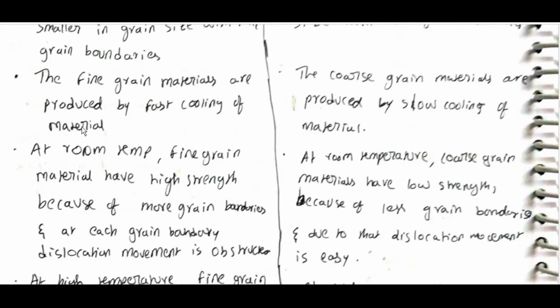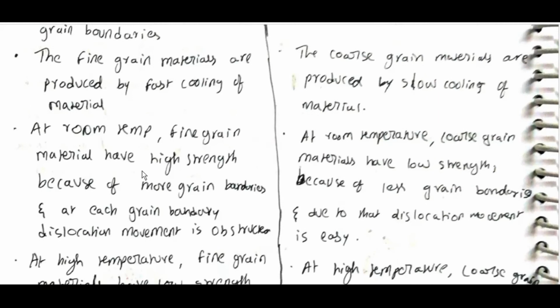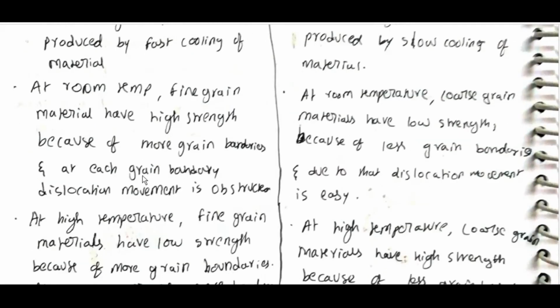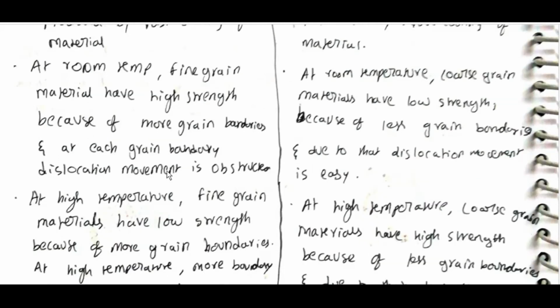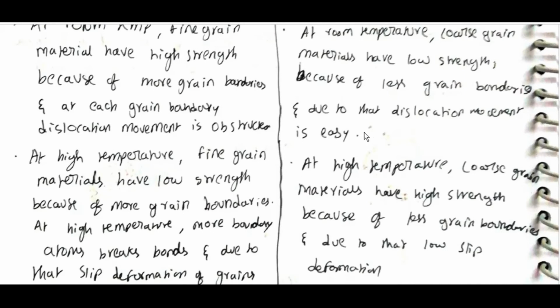At room temperature, fine grain materials have high strength because of more grain boundaries, and at each grain boundary dislocation movement is obstructed. At room temperature, coarse grain materials have low strength because of fewer grain boundaries, and due to that dislocation movement is easy.